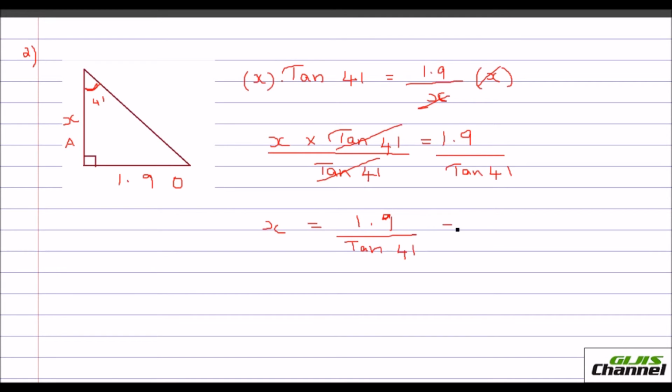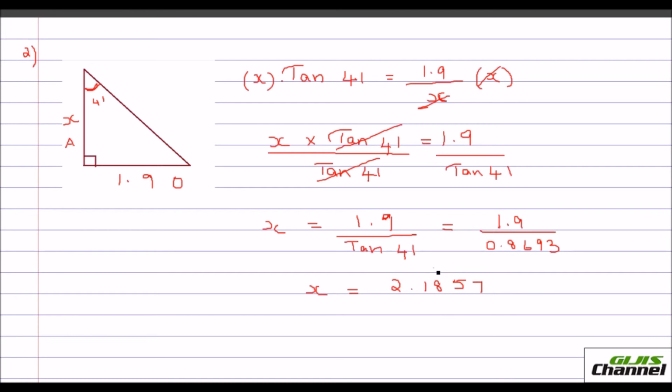Use your calculator to find tan 41. Make sure your calculator is in degree mode. Tan 41 is 0.8693. When I divided 1.9 by this value, I got my x as 2.1857.